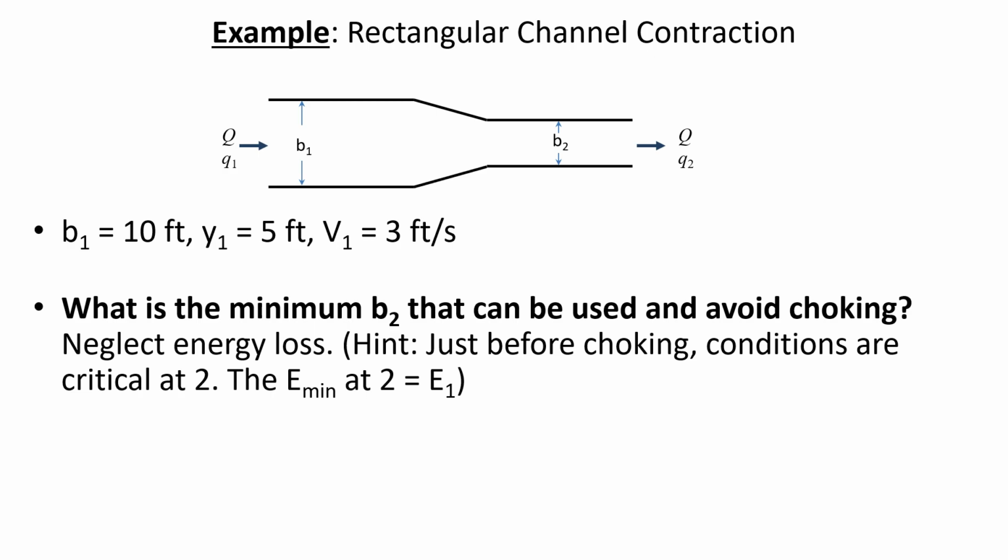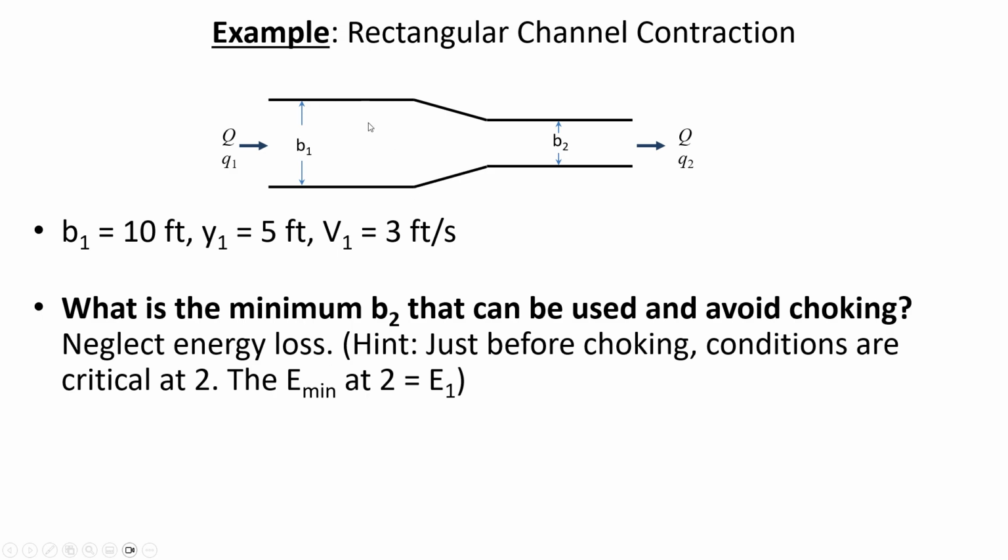What we'll do is assume that the conditions are choking at 2, so we'll let the depth be the critical depth. Just before choking, the conditions are critical at location 2. What we know for the critical conditions is that's associated with the minimum specific energy.